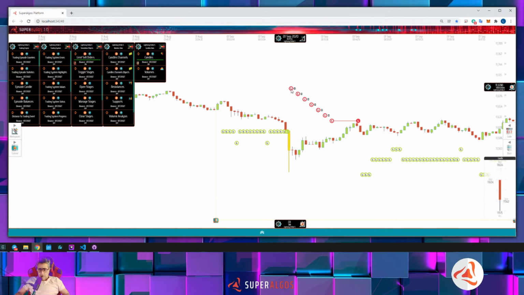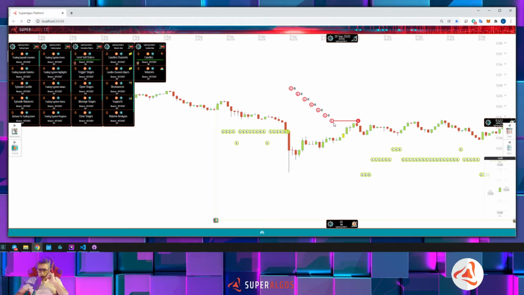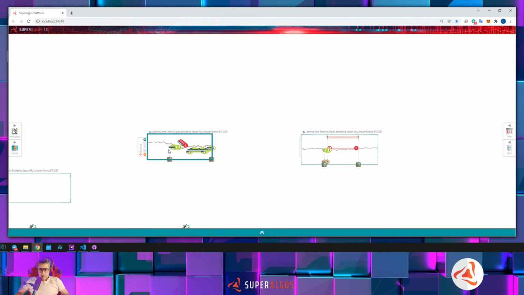Okay, you put an order here and you cancel the order after one or two periods, then you put another, then you put another. And then the last one you leave it there and it is hit by this candle. This was the idea.